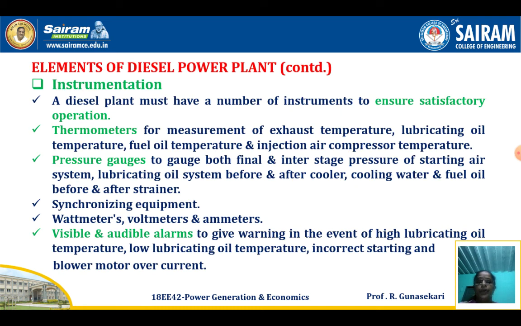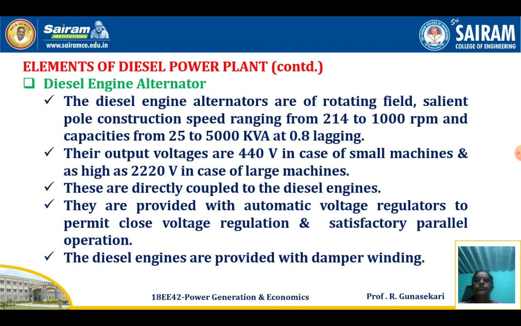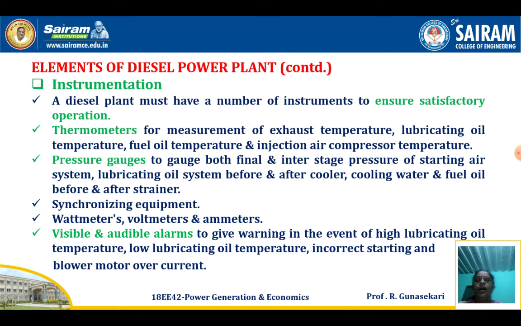Then instrumentation. A diesel power plant must have a number of instruments to ensure satisfactory operation. Thermometers for measurement of exhaust temperature, lubricating oil temperature, fuel oil temperature, and injection air compressor temperature.